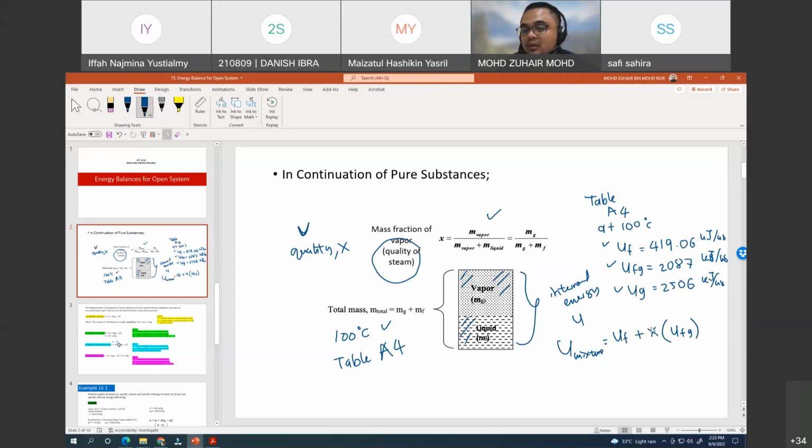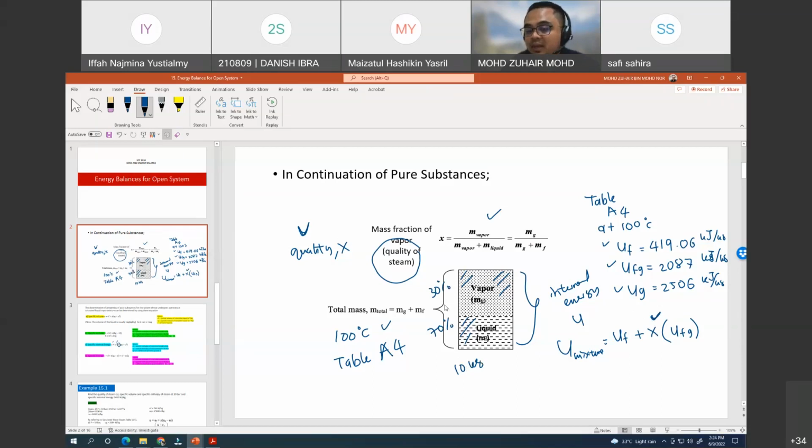So in order for us to answer this question, we need to know the value of x first. Let's say this is a 10 kg mass, vapor is 30%, while liquid is 70%.